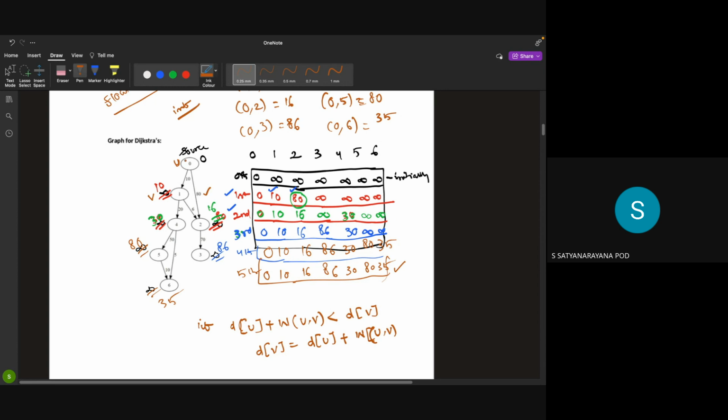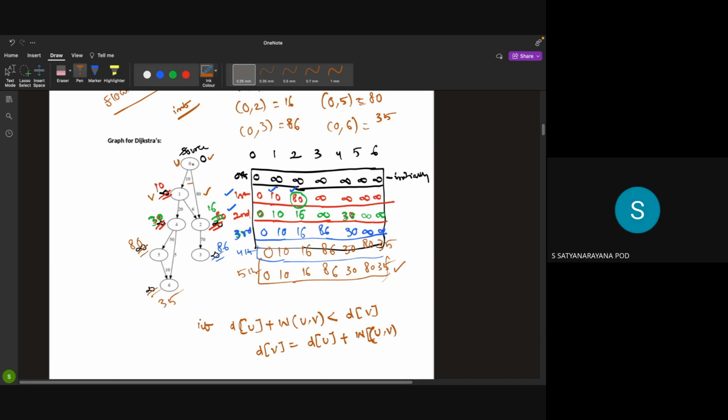The reachability from u to v, I want to find out the shortest. Yes, sir. The existing distance is 0. Plus the weight available to reach from u to v, which is 10.